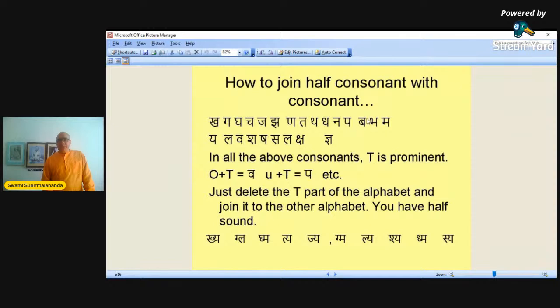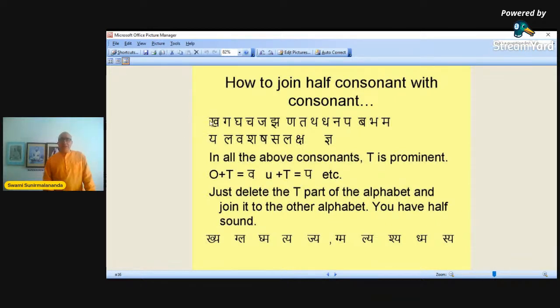Everywhere you can see the T part is complete. Just eliminate the T part. You have the half consonant. How to write a half consonant then? Just remove the T part. For example, you have written O plus T, it became wa. You wrote U and you wrote T, it became pa. Just delete the T part of the alphabet and join it to the other alphabet. You have the half sound.